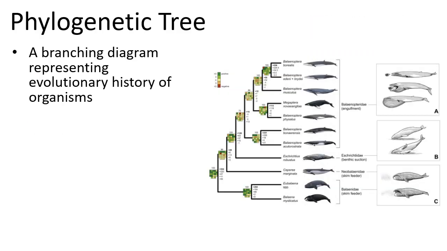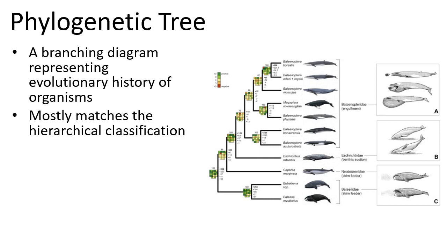All right, so a phylogenetic tree then is a phylogeny which has a branching diagram. And it represents the evolutionary history of that organism or the organisms that you're looking at.